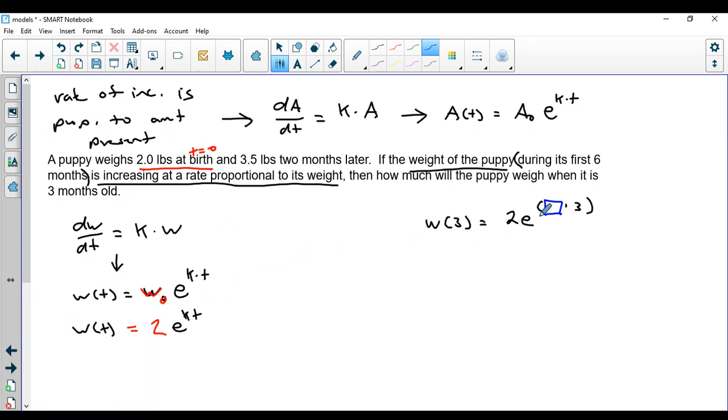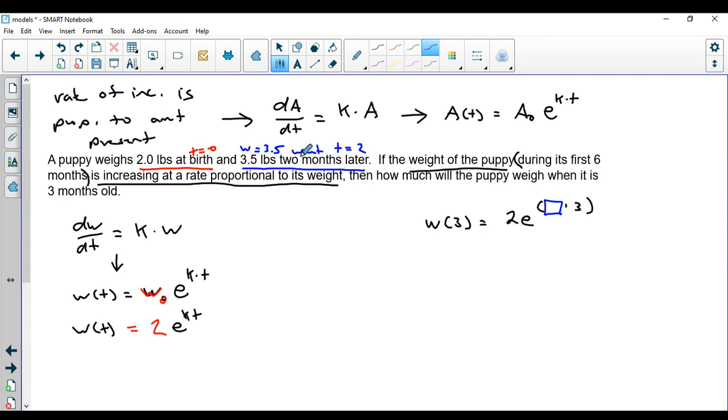How are you going to figure that out? You're going to figure that out by using some other information. It says 3.5 pounds 2 months later. So this is saying that W equals 3.5 when t equals 2. That's what you get from there.